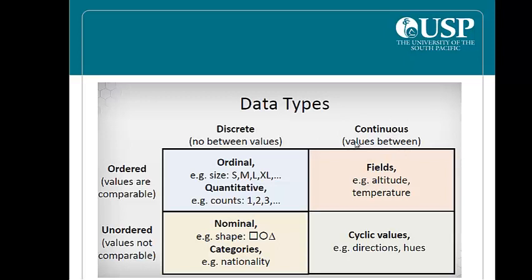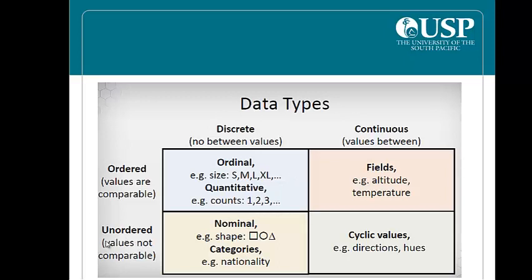Continuous could be ones that have decimal points. Ordered values, ordinal, so ordered and discrete values, ordinal values like sizes of t-shirt, and then quantitative, which we talked about a lot in this presentation. Quantitative is just like different numbers, and they're discrete numbers because they're completely separate, 1, 2, 3.